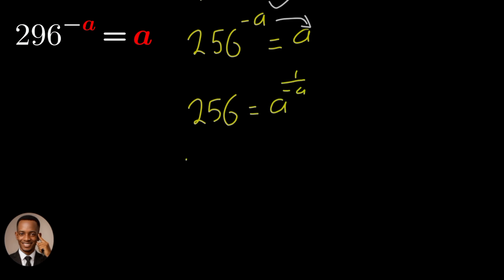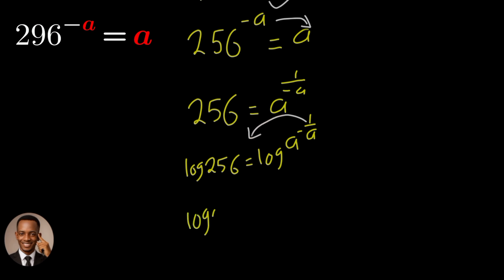Then taking log of both sides, we have log 256 equals log a to the power of minus 1 over a. According to the law of indices, we can bring 1 over a in front. So we have log 256 equals 1 over a log a to the power of minus 1.